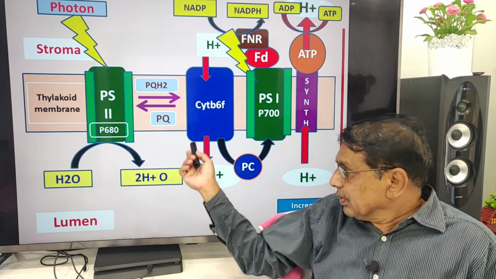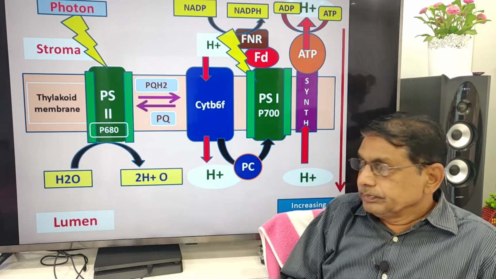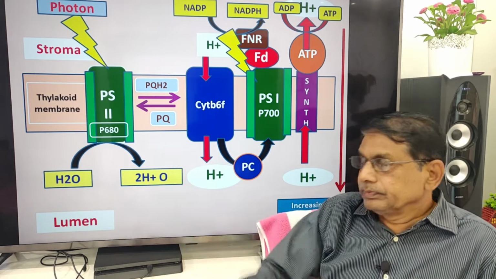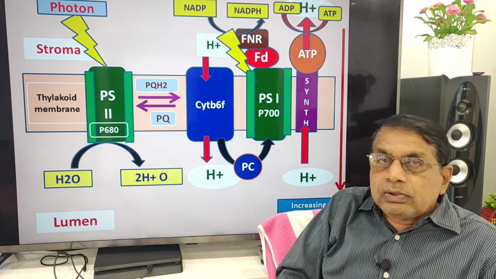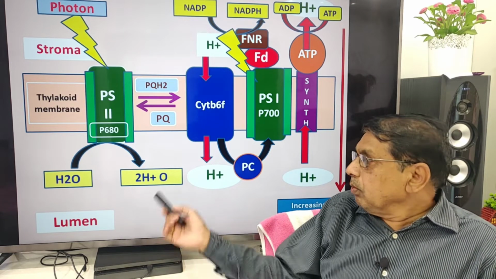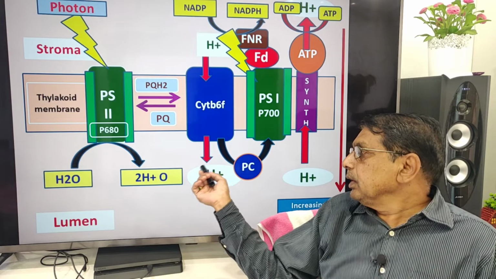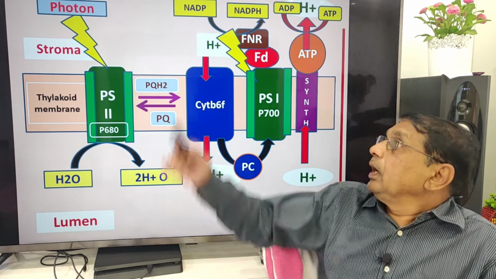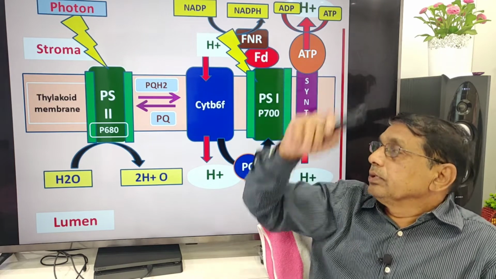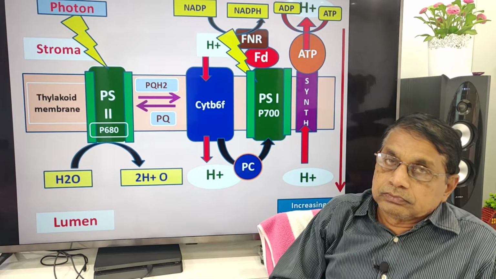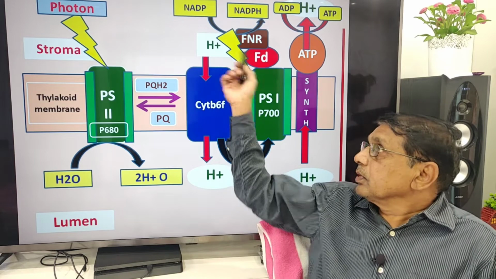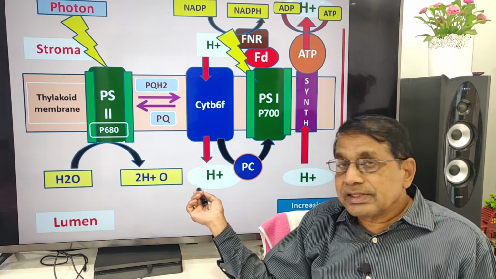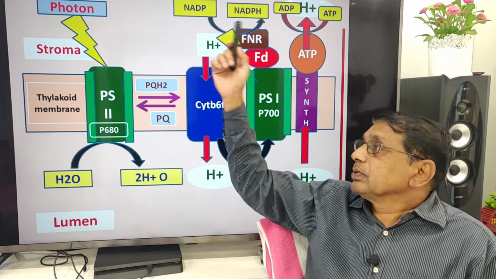Electrons pass through, and the protons are pushed to this side, the lumen side. As a result, what happens? More and more protons accumulate here, and fewer protons this side. More positiveness this side, less positiveness this side.